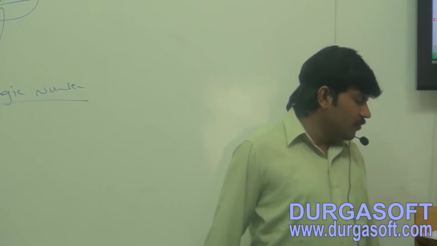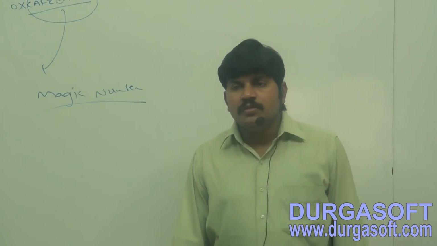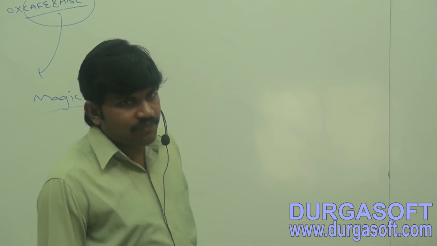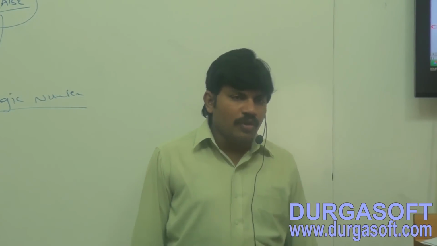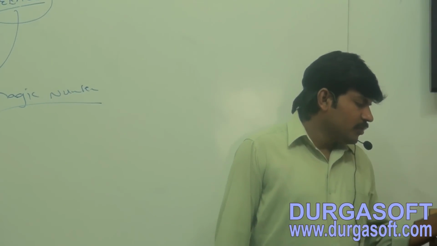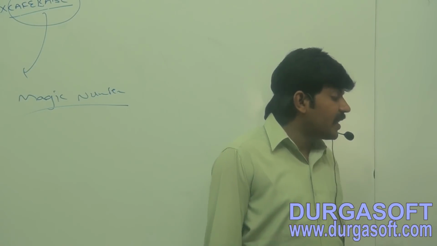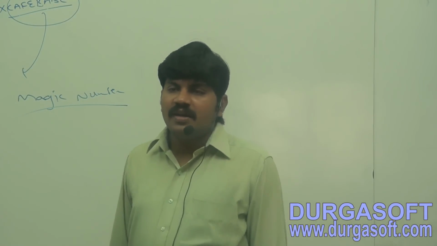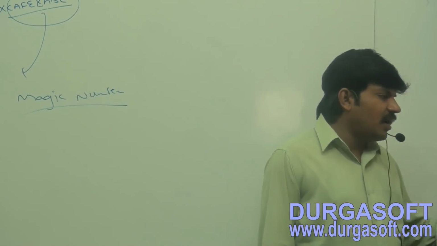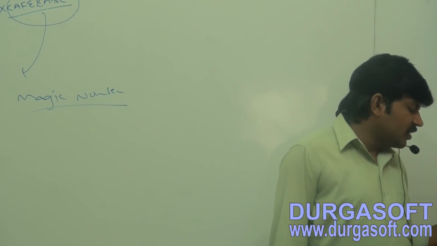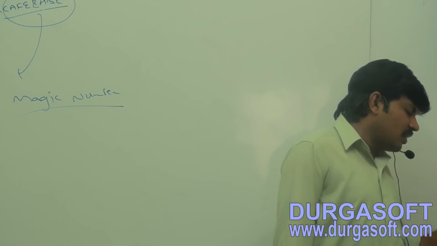This is a predefined value used by JVM to identify whether the .class file is generated by a valid compiler or not.